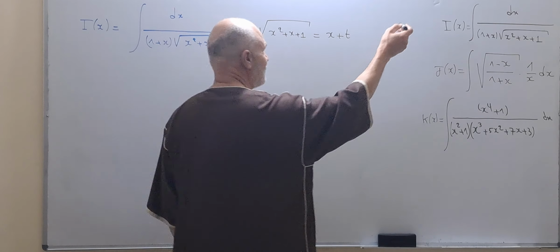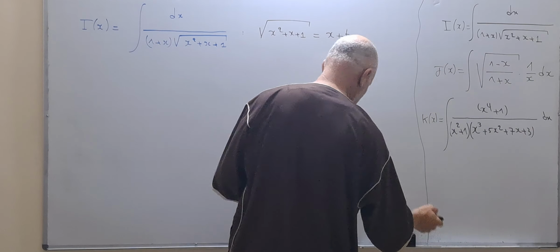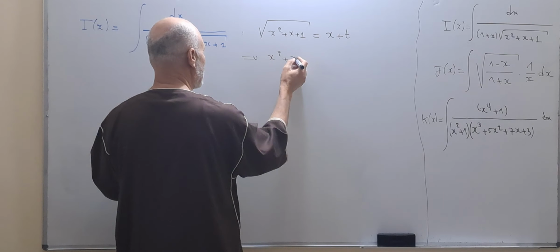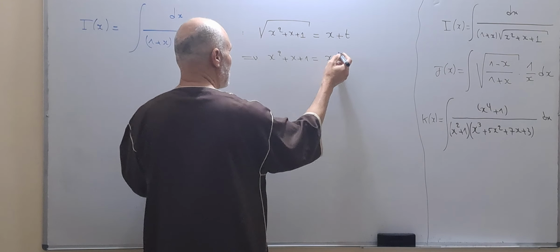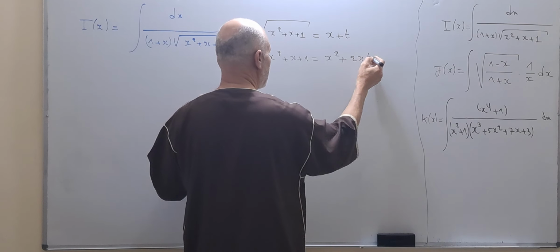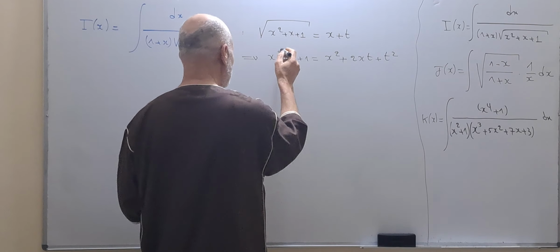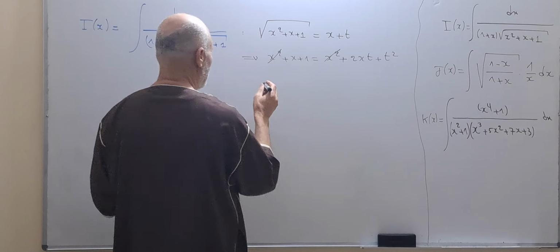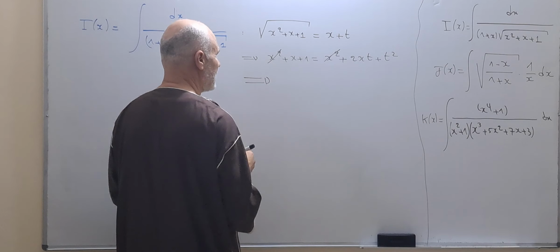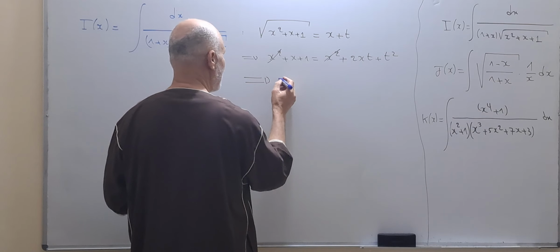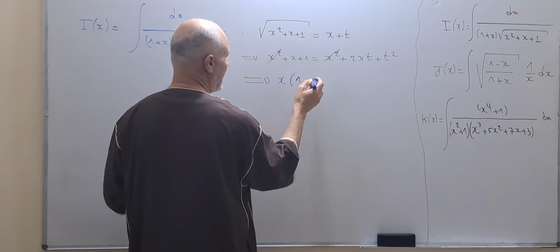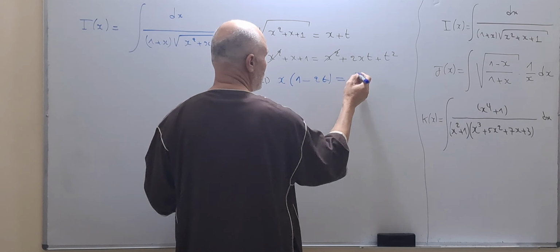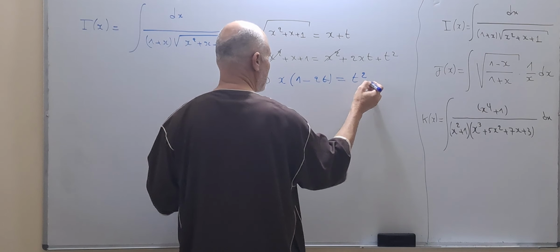From this formula, one has x squared plus x plus 1 equal to x squared plus 2xt plus t squared. Then we cancel x squared with x squared, and we get x times 1 minus 2t equal to t squared minus 1.